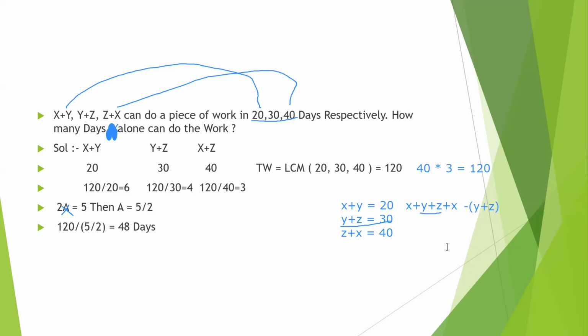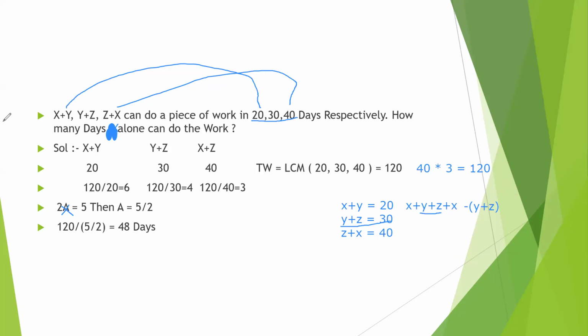Yes, this is correct. Here x plus y value we know, z plus x value we know, and y plus z value we also know. So when we substitute this here, we get y plus z and minus y plus z cancelled. We get 2x only.